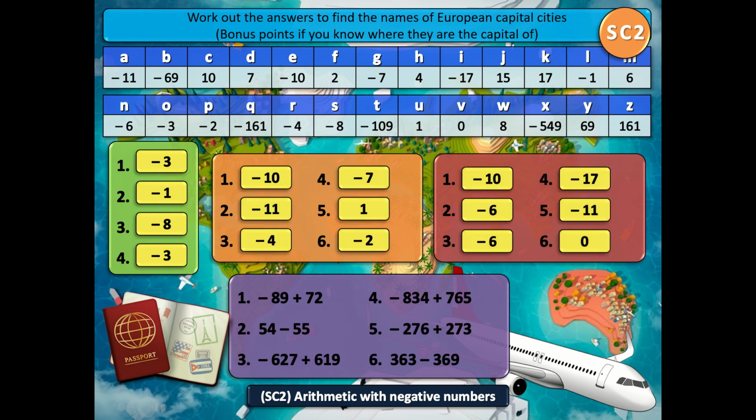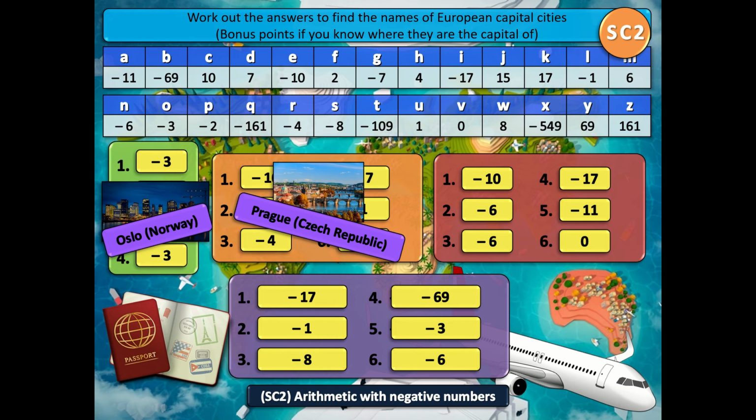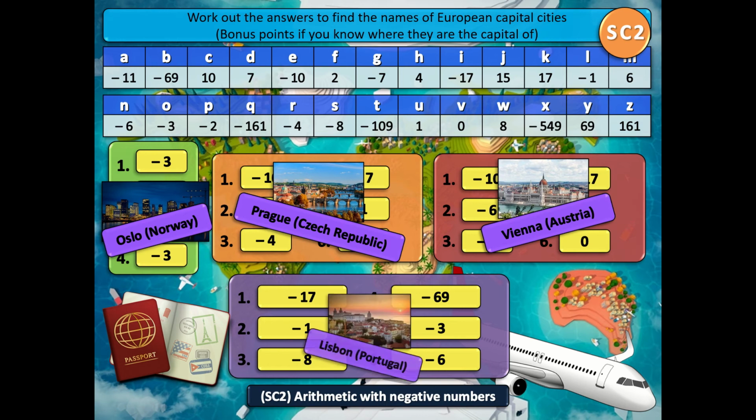Your red answers. And your purple answers. The greens made Oslo. The ambers made Prague. The reds made Vienna. And the purples made Lisbon.